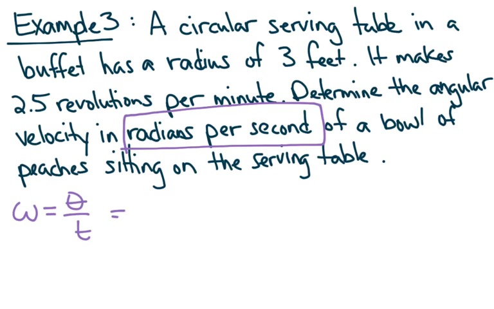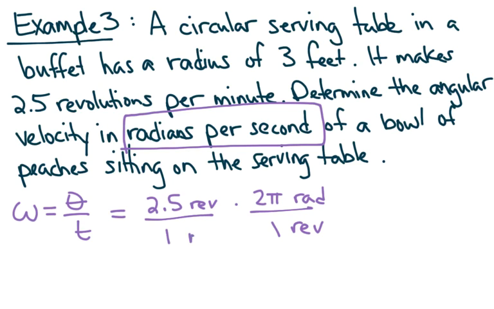is we start by multiplying 2.5 revolutions times 2 pi radians, because there's 2 pi radians in 1 revolution. Well, the other thing is it said it was 2.5 revolutions per minute, so every 1 minute this happens. But we want to change minutes to seconds, so we're going to multiply by 1 minute over 60 seconds.